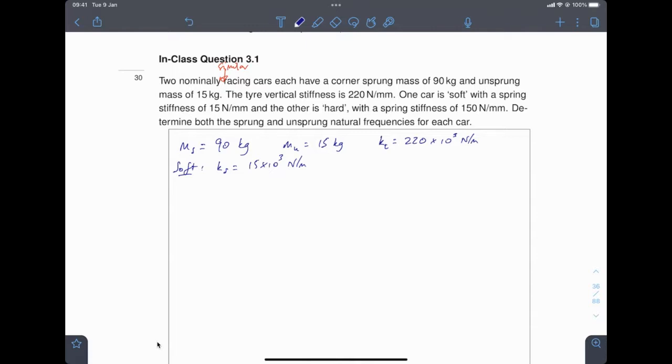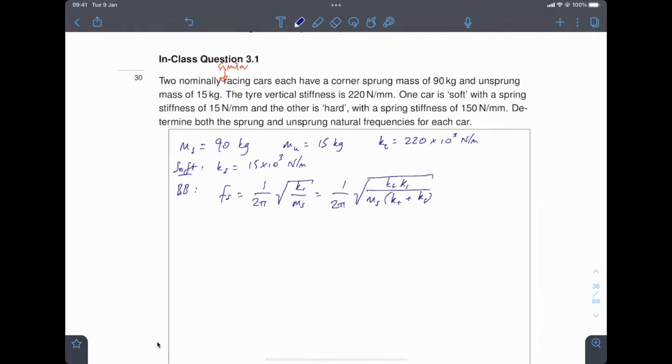Okay, so for the soft car, it says what are the sprung and unsprung mass natural frequencies. So for the body bounce, I'll call that BB, the frequency is 1 over 2 pi, this is in hertz, and we've got basically the square root of KR over MS, where KR is the series stiffness of tyre and spring.